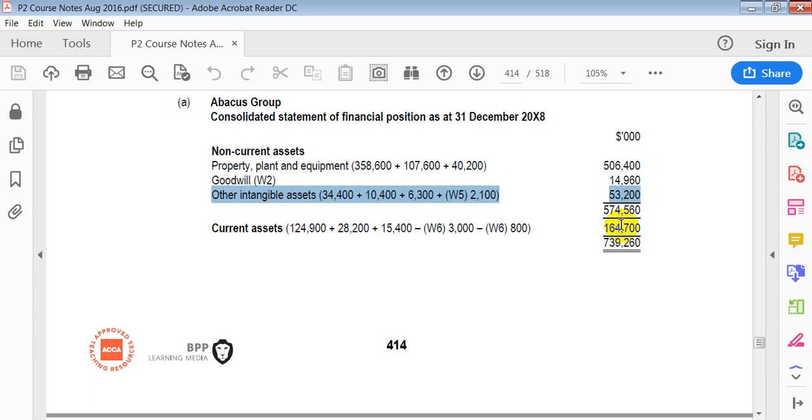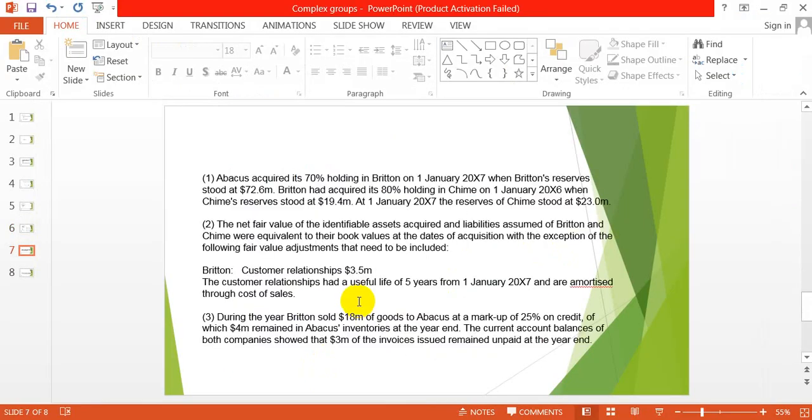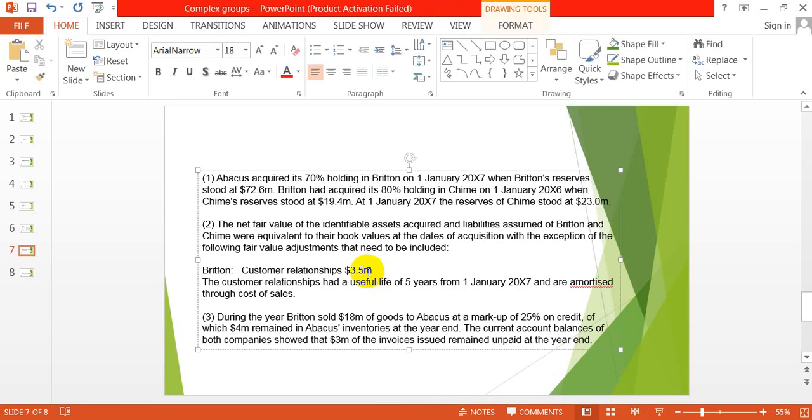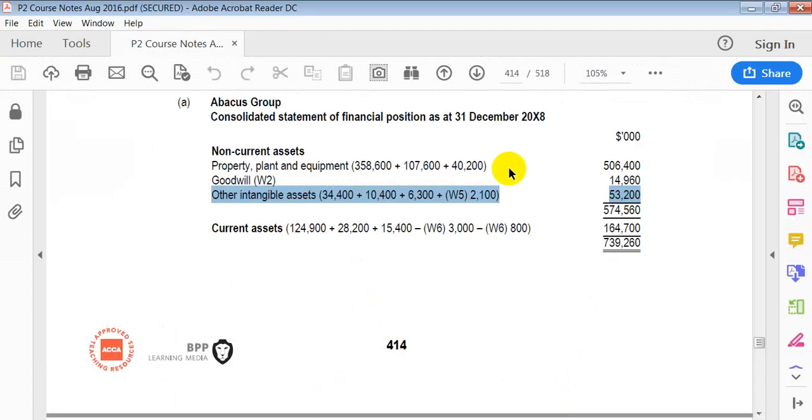Then we had a fair value adjustment, the 3.5, we had amortized it for 2 years, so 3.5 minus 1,400 gives us a carrying amount in the fair value of 2.1, giving us a total of intangible assets of 53.7. We add the non-current assets to give us our total of 574,560.